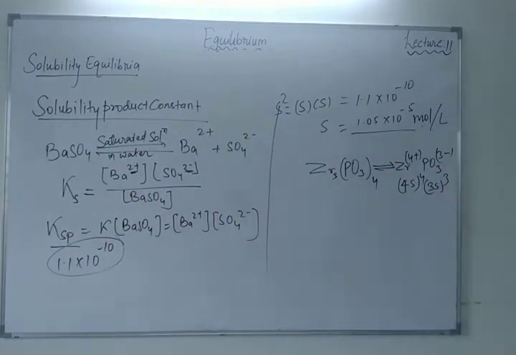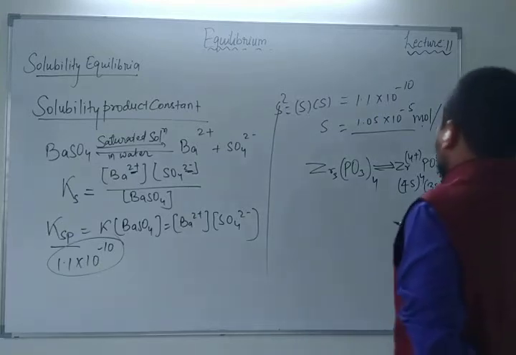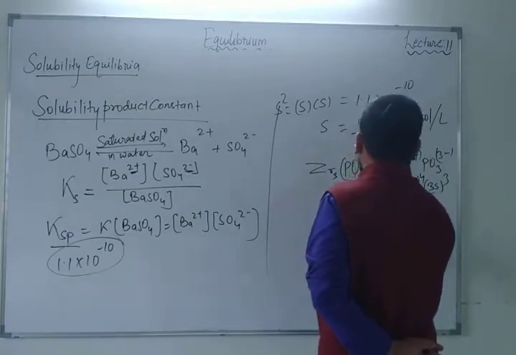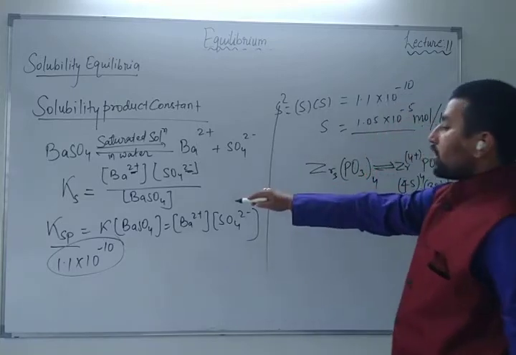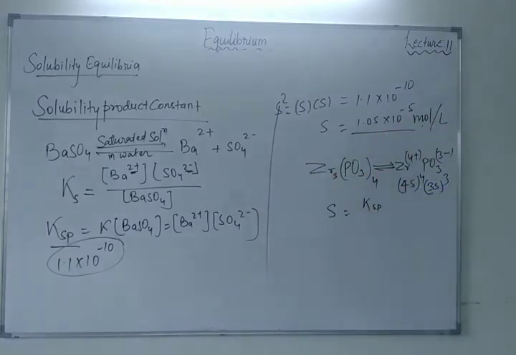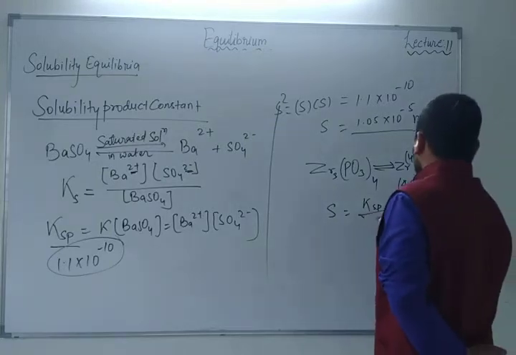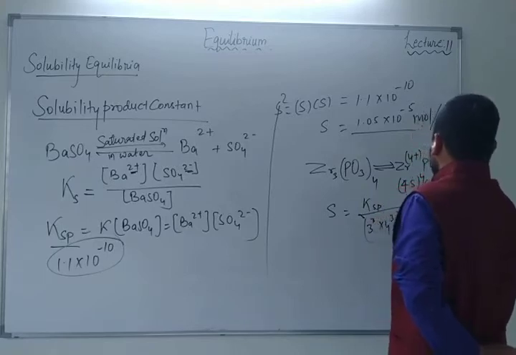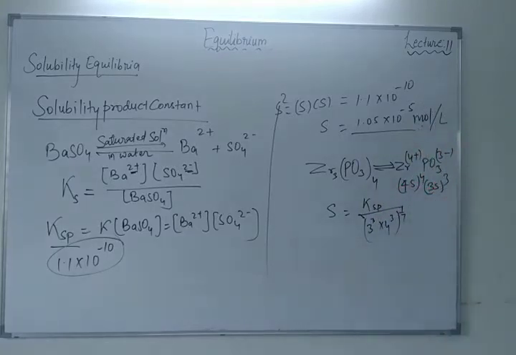Now, if you want to calculate the solubility, KSP will be, S is equal to KSP upon 3 to the power 3 into 4 to the power 4, whole to the power 1 by 7.